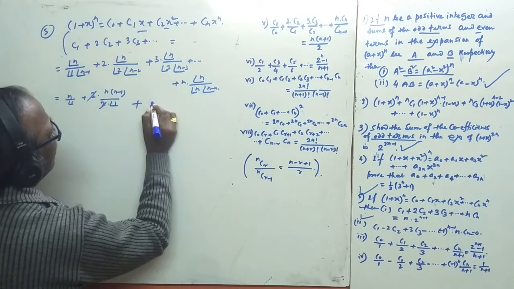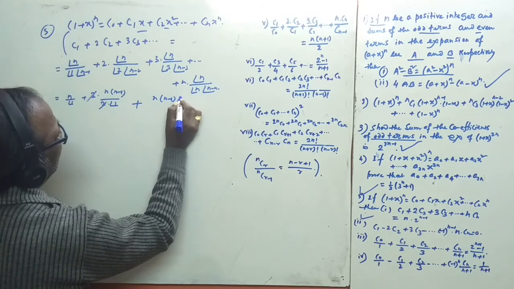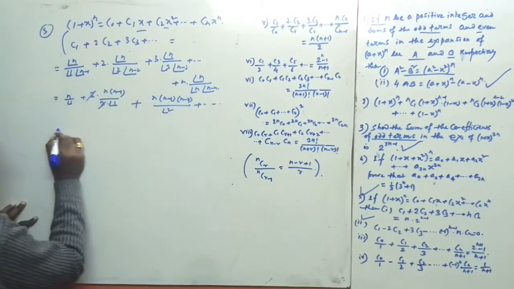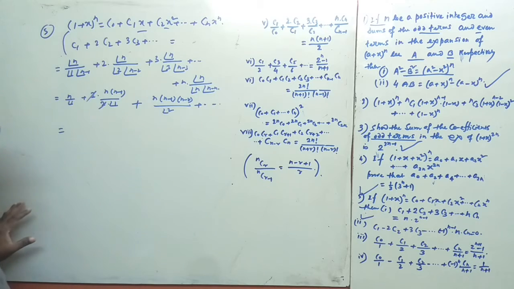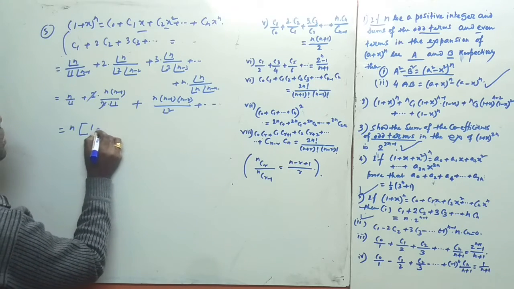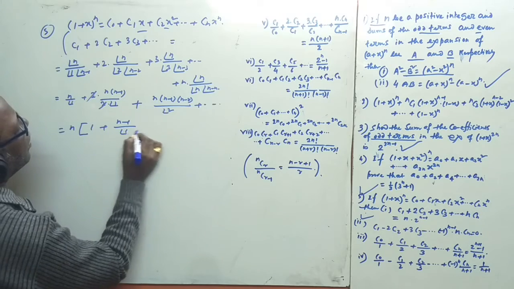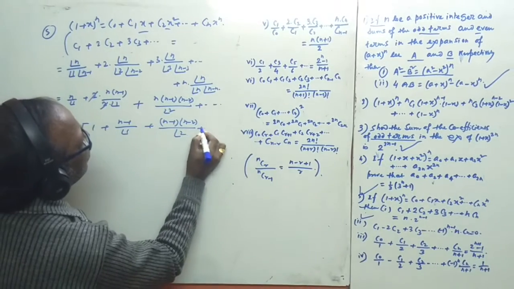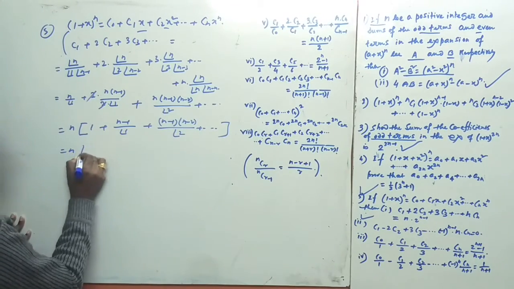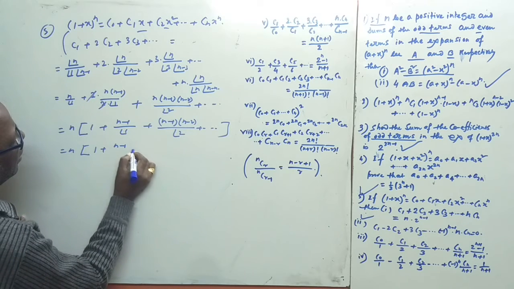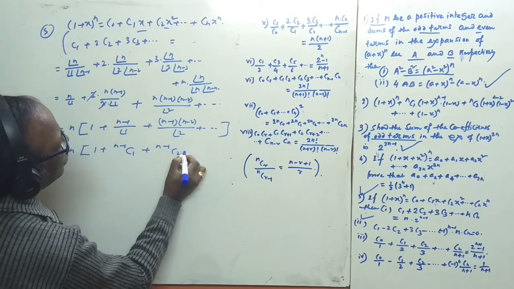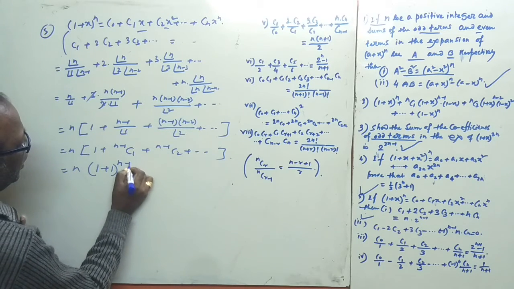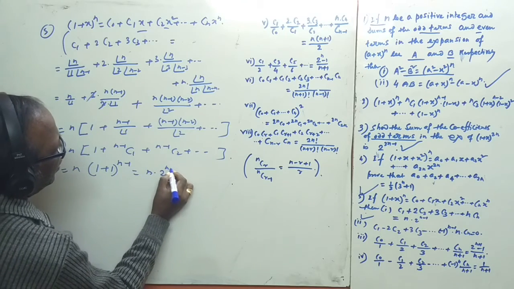And plus 3 means n(n-1)(n-2) over 2!, and so on. Taking n common, we are left with 1, then (n-1)/1!, then (n-1)(n-2)/2!, and so on. Now see 1 plus this is (n-1)C2, and now n into (1 + 1)^(n-1) is n into 2^(n-1).